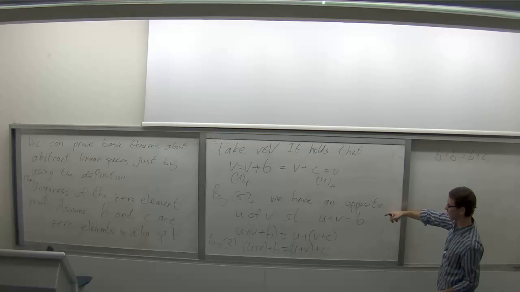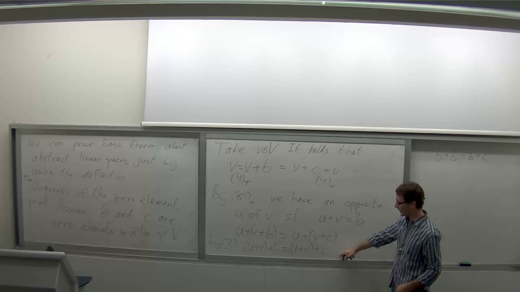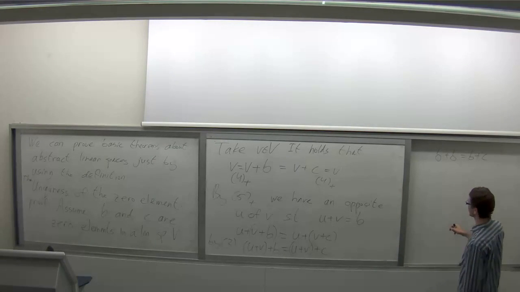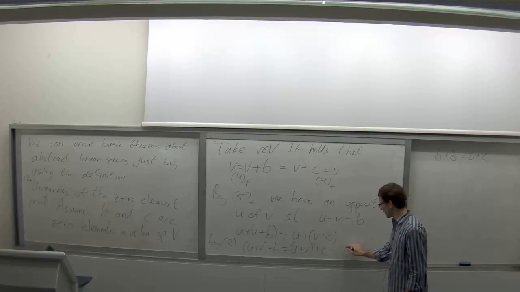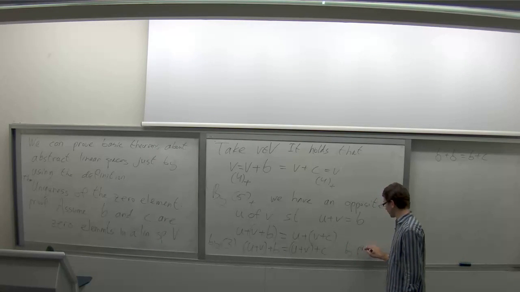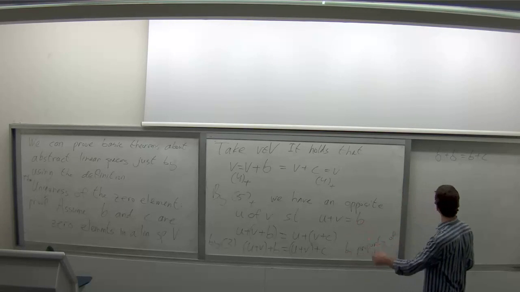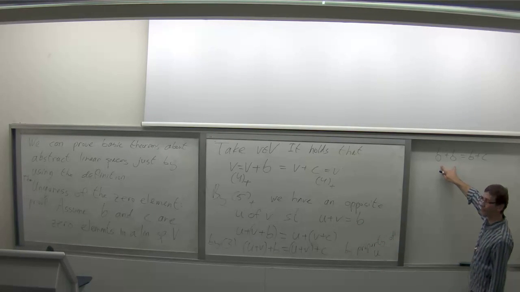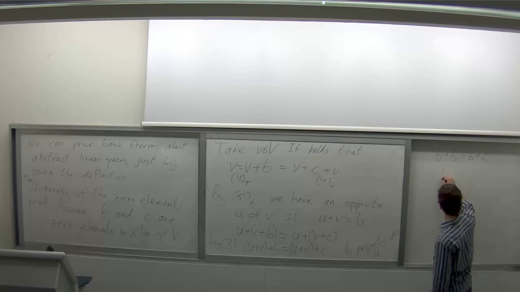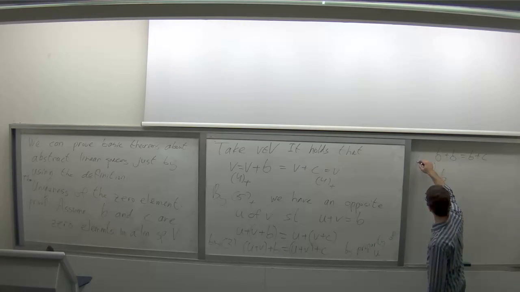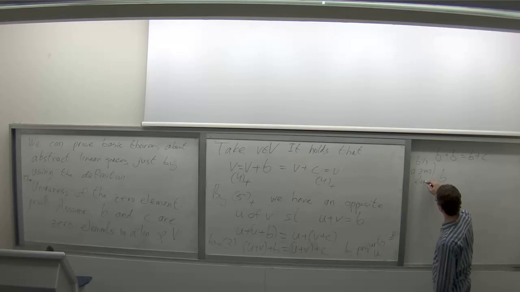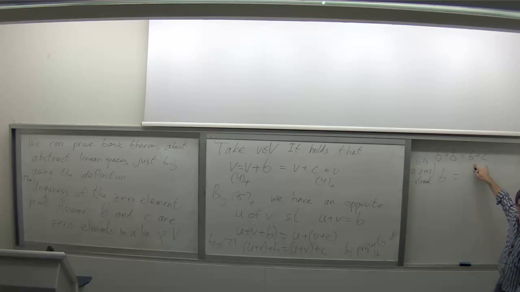By the property of u, that's how we chose this u. So b plus b is b, because b is a zero element, and also b plus c is c, because b is a zero element. So we get that b equals c.